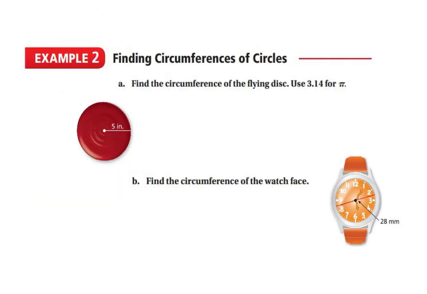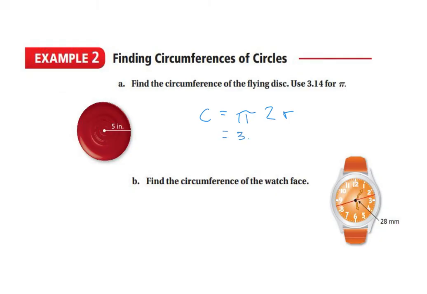So knowing that, let's find the circumference of this flying disc. Use 3.14 as an estimation for pi. So circumference equals pi times 2 times the radius.